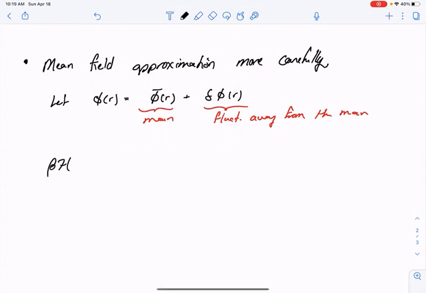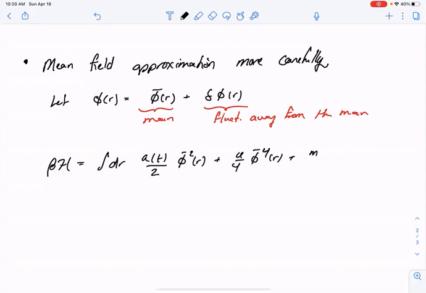Within that decomposition, we can write out our effective Hamiltonian. So inserting phi decomposed into its mean and its fluctuation, let's remind ourselves of the explicit temperature dependence there. We would find a mean field part of the Hamiltonian.